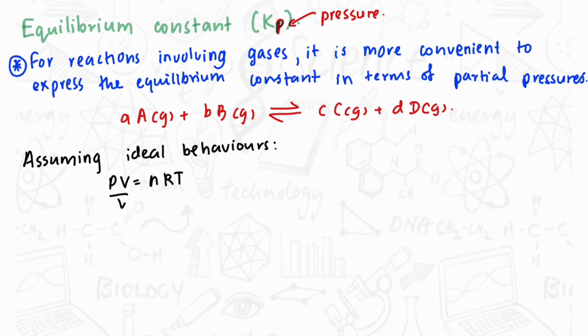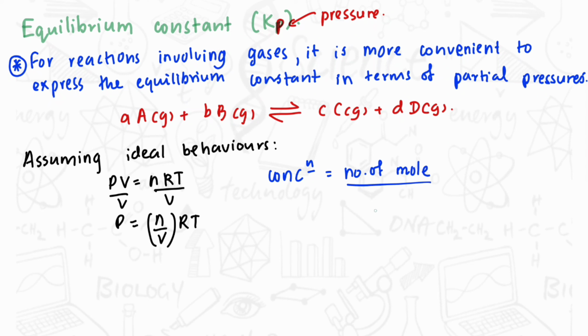If we divide this equation by V, then P = (n/V)RT. We also know that concentration is equal to number of moles over volume, that is, C = n/V. So we can represent it in terms of concentration: P = CRT. Since this reaction takes place at a constant temperature and R is the universal gas constant, RT is a constant.